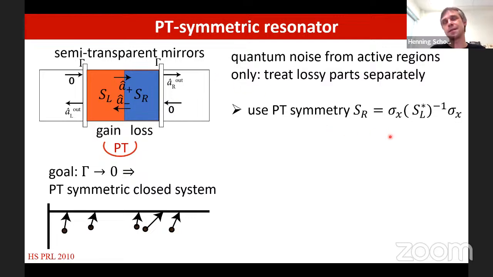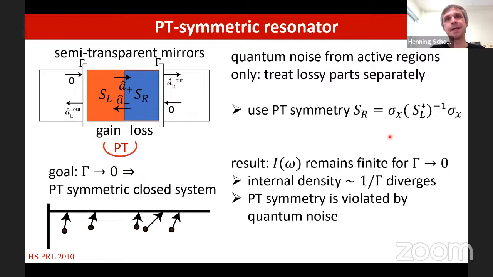I always use the scattering matrix for this, because there's something called the input-output formalism, and it cuts straight to the result. So we use the scattering matrix, we implement some symmetries, which again involve complex conjugation and some Pauli matrices. Then we work out a consistent theory, and we work out how much intensity is actually leaking out of the system.